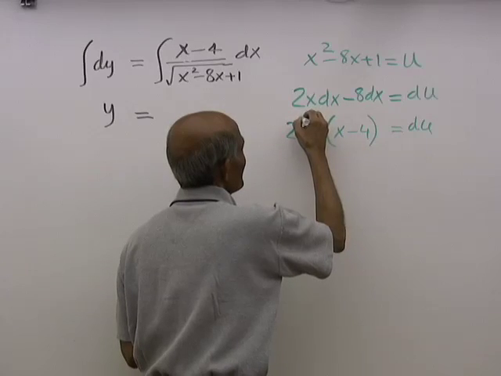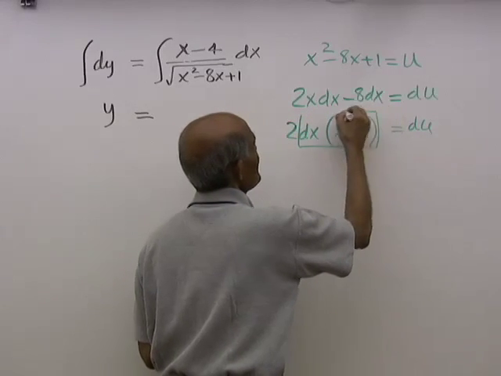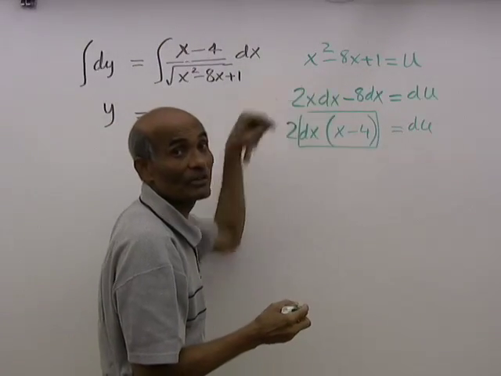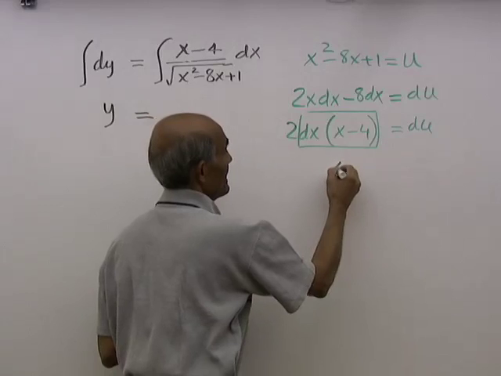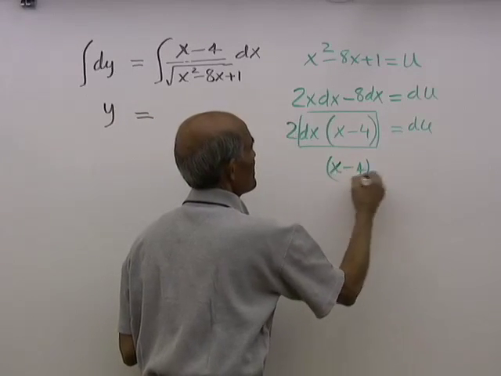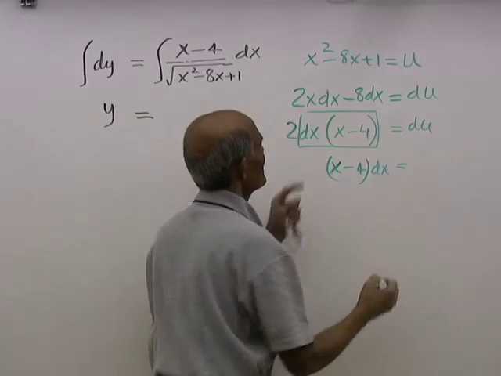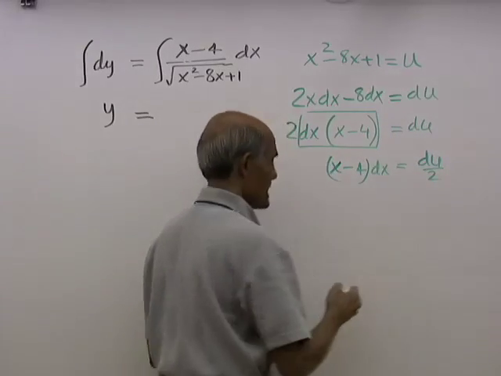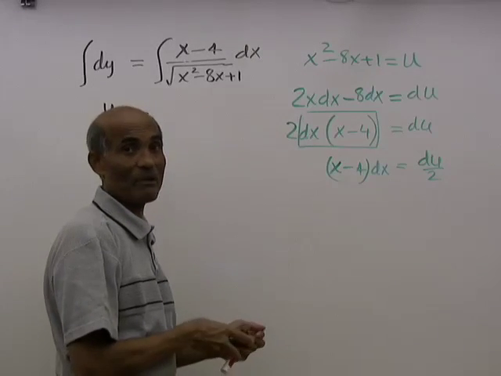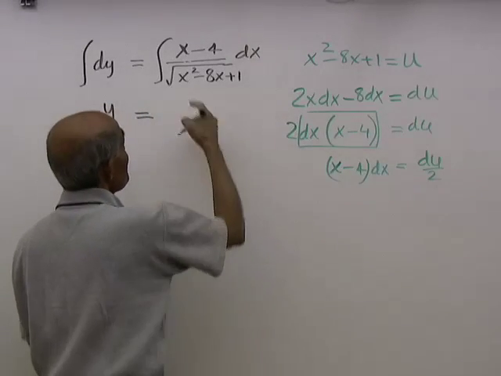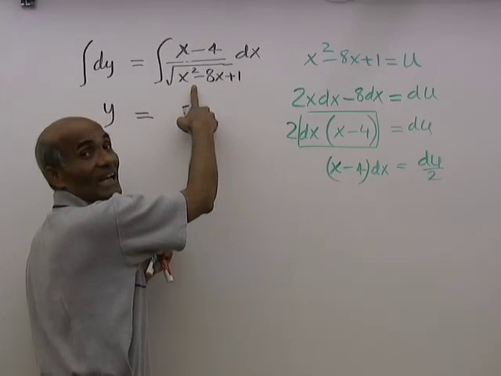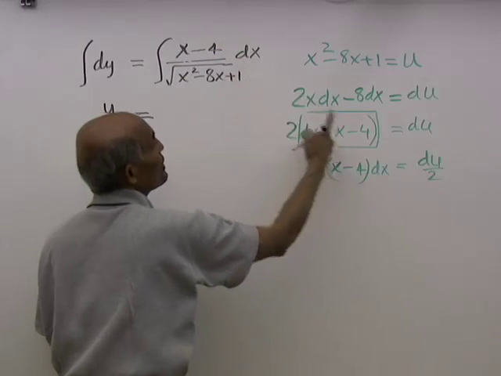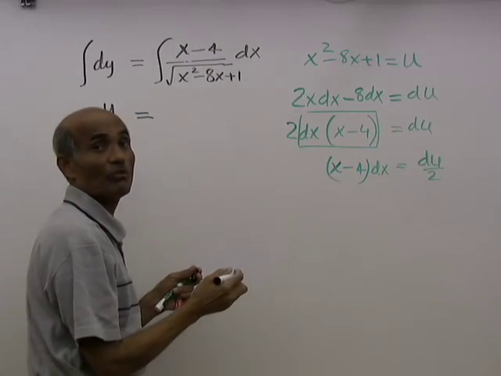Now look at this. This is the quantity that we have here: (x minus 4) times dx. So solve for that. Therefore, (x minus 4) dx equal to du divided by 2. You see, that's going to make it a lot simpler. That means when you replace this quantity as u, (x minus 4) dx becomes du over 2.